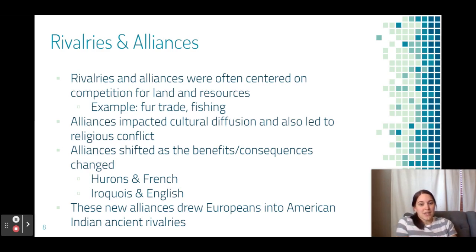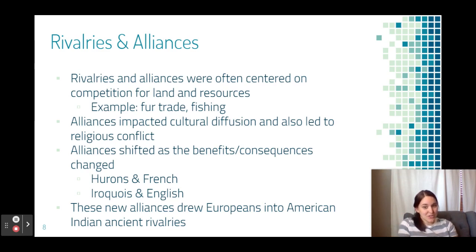And those alliances would then impact the type of cultural diffusion that would take place. Some American Indian tribes became more fluent in French, while others became more fluent in English. Some were more likely to become Catholic versus Protestant Christian. And so you can see how the alliances would then impact the cultures that developed and changed.